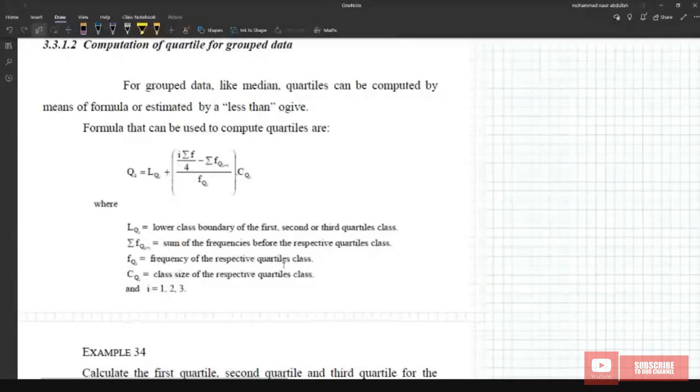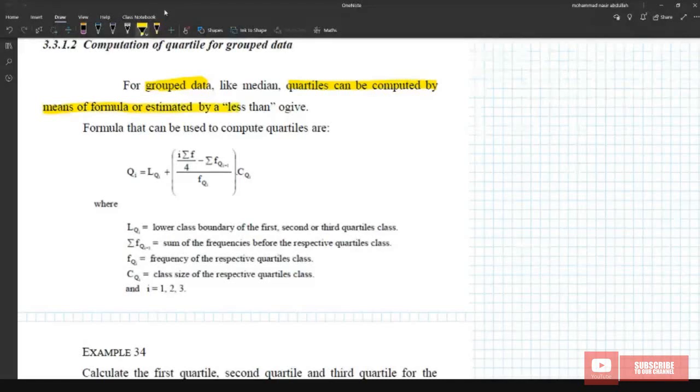topic, which is computation of quartile for group data. So for group data, like median, quartile can be computed by means of formula or estimated by less than ogive. So in median, we can calculate median for group data using formula, and we can find median from less than ogive, right?